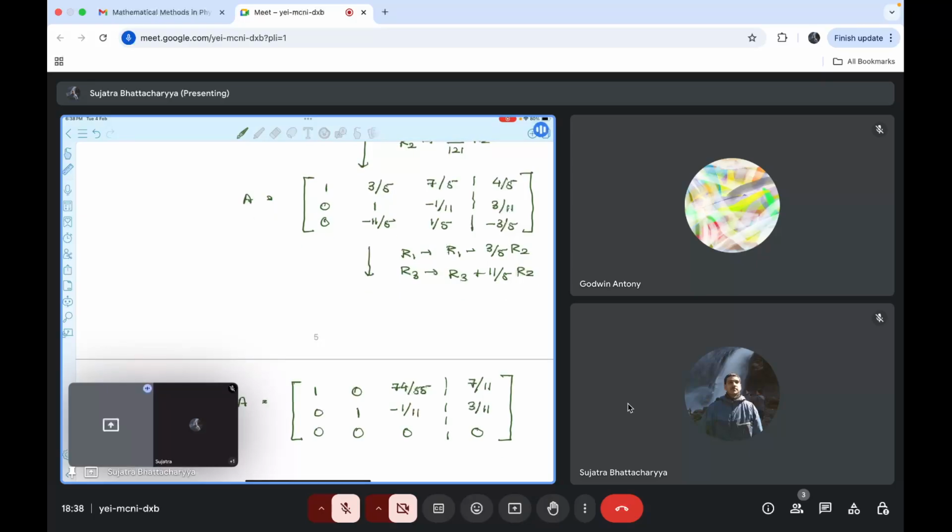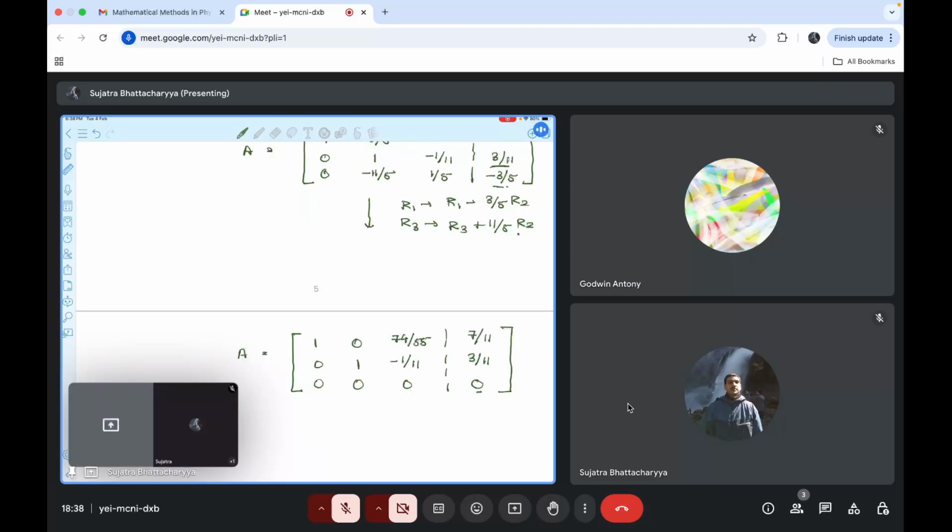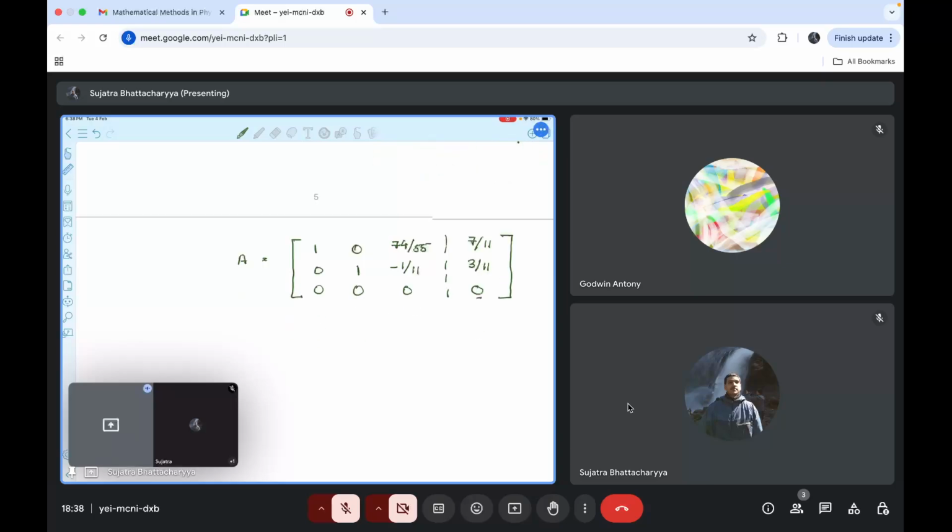So you can see here, this is 3 by 11. Put here 3 by 11, so 11, 11 cancels and it will be 3 by 5. And here it is minus 3 by 5, which makes it 0. In this way you can check. So now look at the original matrix M, not the augmented one.